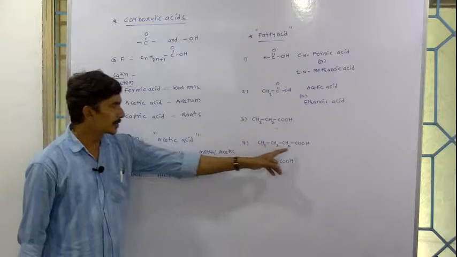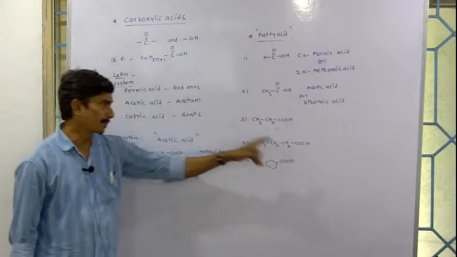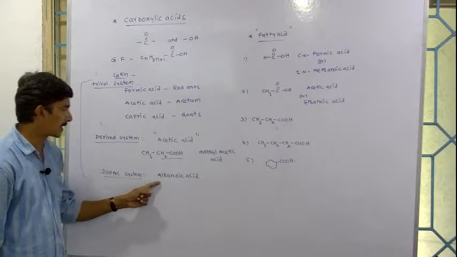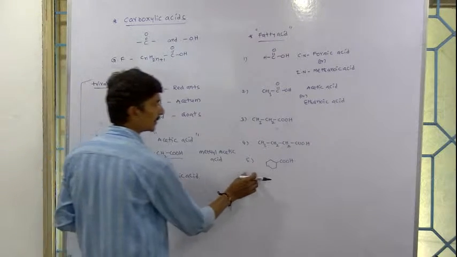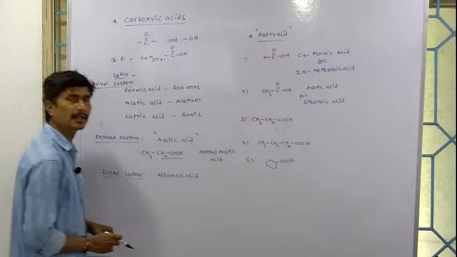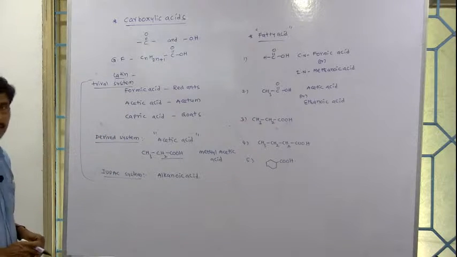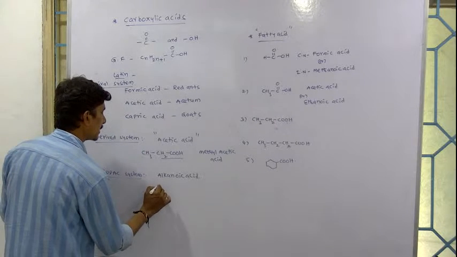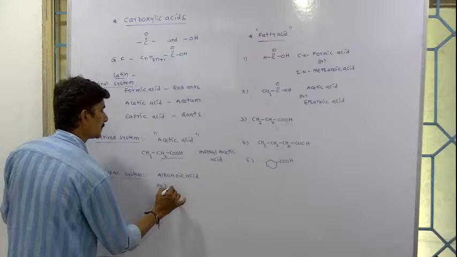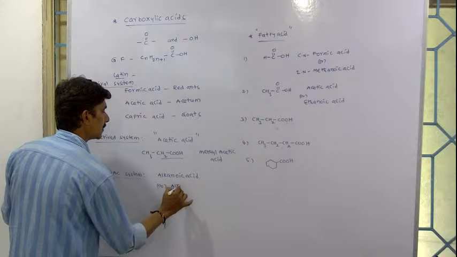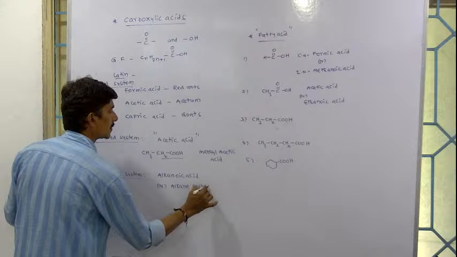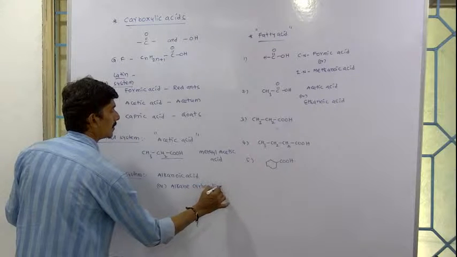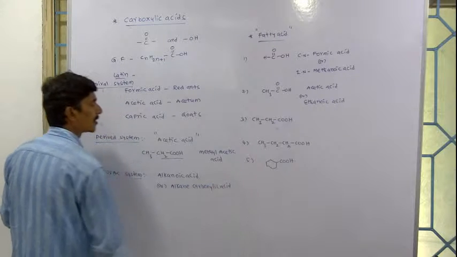Now if the OH group, that is the carboxylic acid group, present on the main chain, then they are called as the alkanoic acid. Look at this example of fifth one. The carboxylic acid is not present in the main chain. In such cases, we used to name the compound as alkane carboxylic acid.